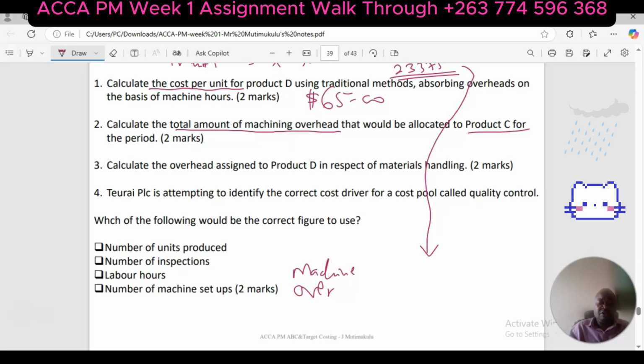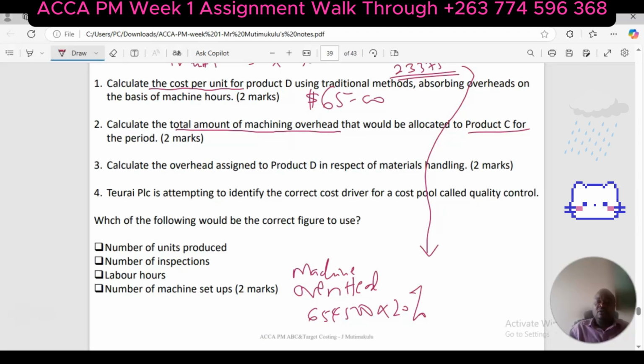The total overhead is 654,500, but only 20% relates to machinery.